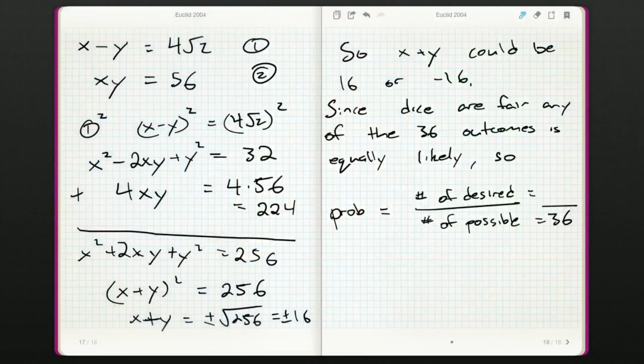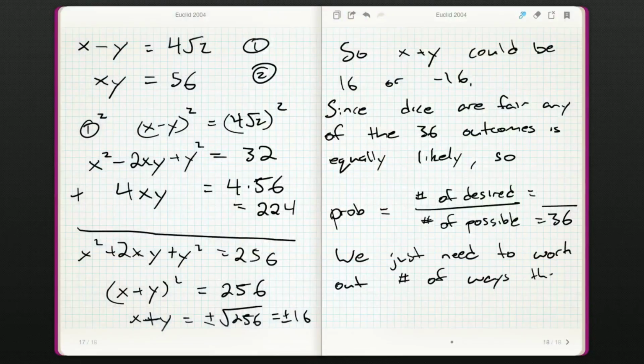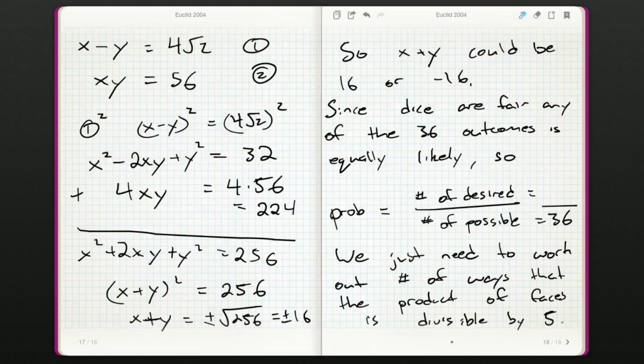Okay. So we just need to work out the number of ways that the product of the faces is divisible by 5.